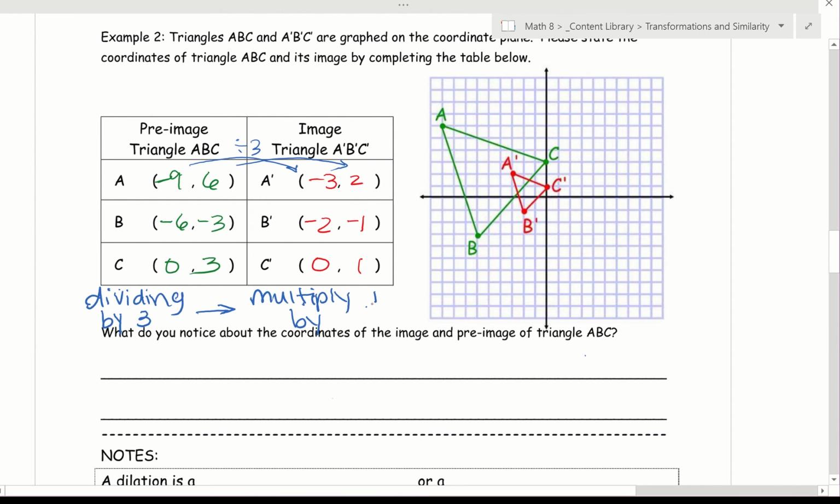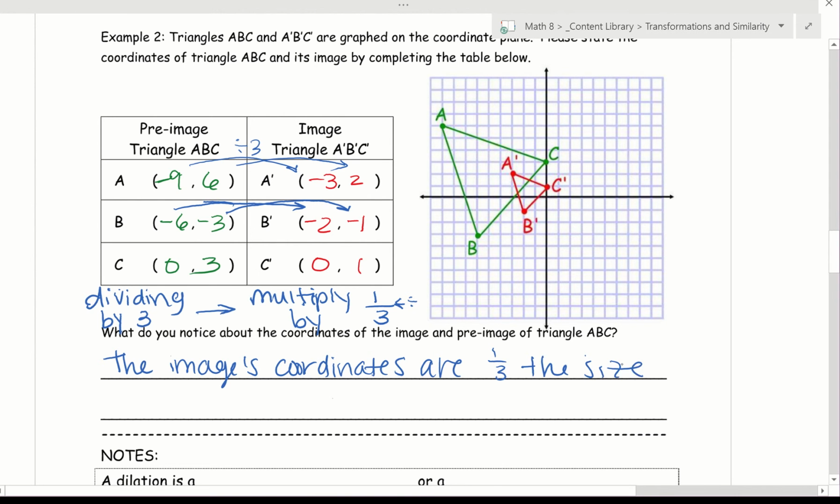I hope you said 1/3. Because remember, this actually means division. So let's see, does -6 multiplied by 1/3 equal -2? It does. And does -3 multiplied by 1/3 equal -1? It does. So what we notice is that the image coordinates are 1/3 the size of the pre-image coordinates.